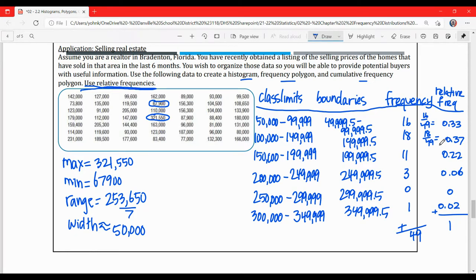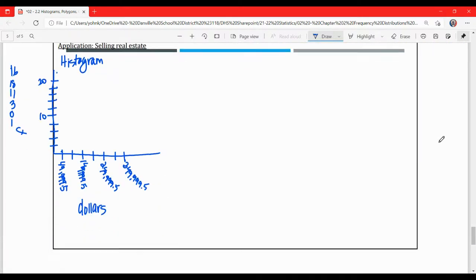So the relative frequencies are what we want to put along the vertical. So let's get rid of these. Okay. So those relative frequencies were 0.33, 0.37, 0.22, 0.06, and 0.02.